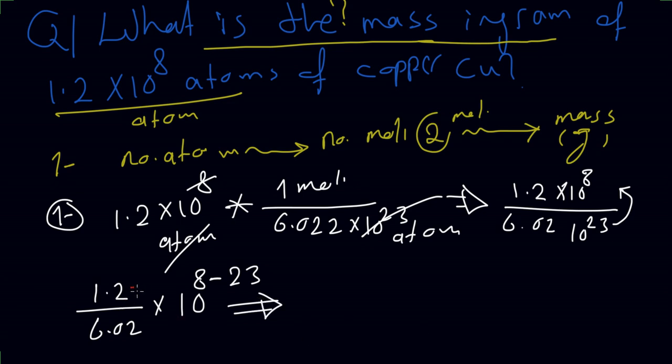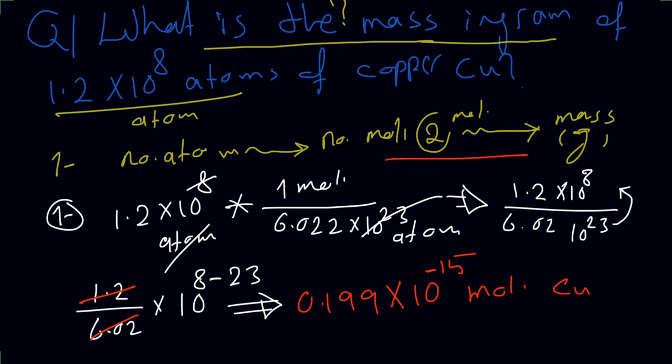So the result, it will be okay, 1.2 divided by 6.02 is equal to 0.199, and this number, when 8 subtracted with 23 is equal to 10 to power minus 15. Okay, then we have what? Now I have number of mole of what? Of copper. Okay, first step has gone. Let's change mole to mass.